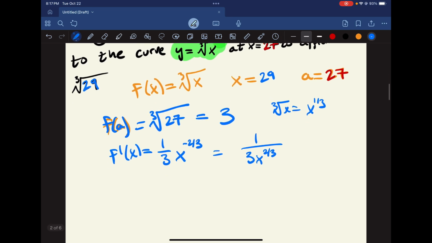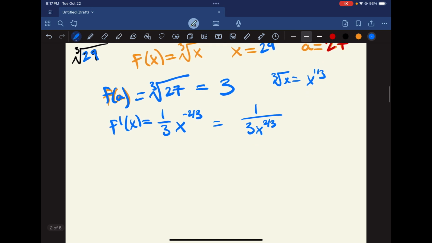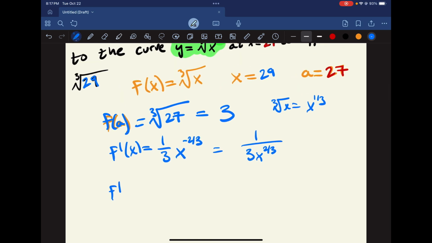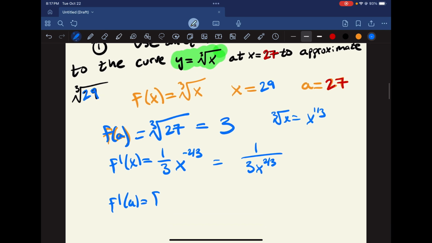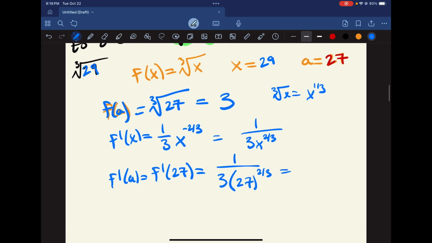So, if we want to find f prime of a, our a is, again, 27. So f prime of 27 equals 1 divided by 3 times 27 to the 2/3 power. 27 to the 2/3 power is the same thing as the cube root of 27 to the second power.